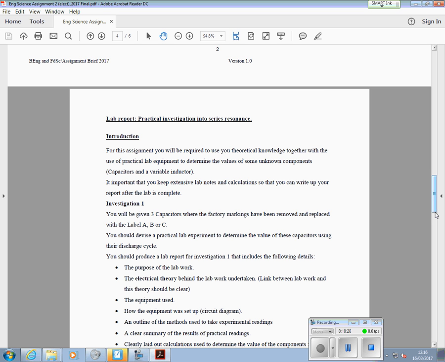So the idea of this experiment is you're going to find the inductance of this in all the core positions. And overall, what I'm asking you to do, about three quarters of the way down in the lab report, is determine whether or not the inductance of the coil varies linearly with the core position.